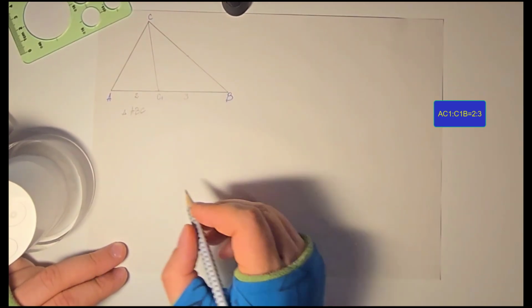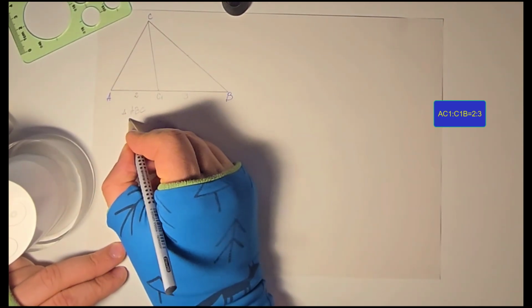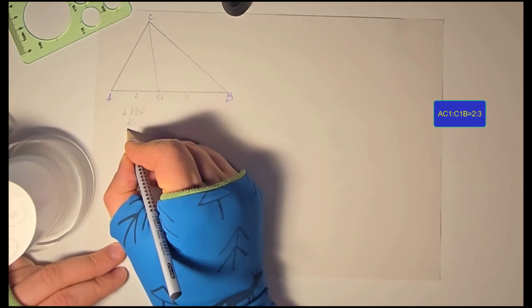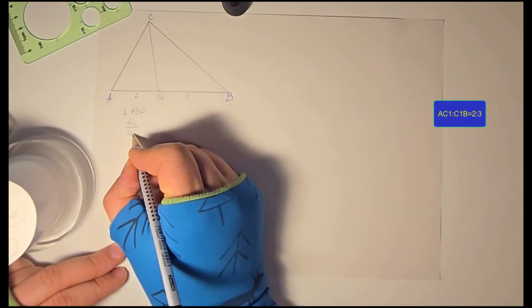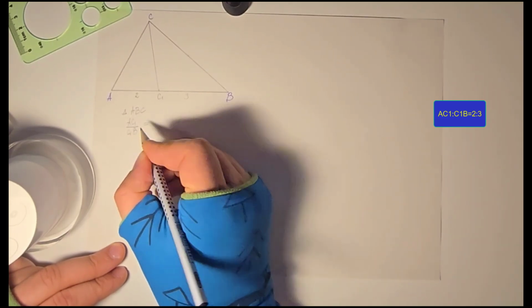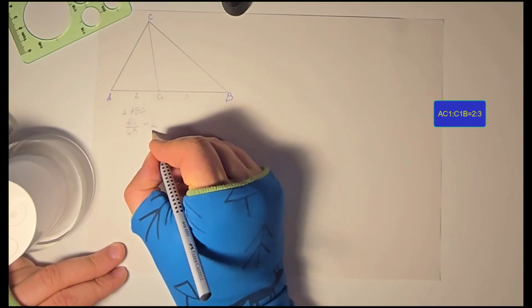Okay, so how do we write this one? We can write it as AC1 to C1B equals 2 to 3.